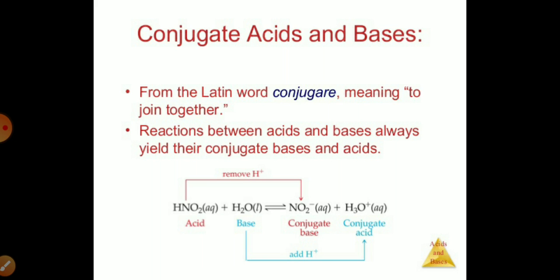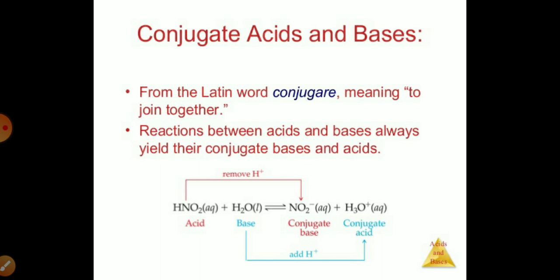So here you can see that HNO3 by removal of hydrogen will give NO2 negative, and H2O by addition of hydrogen will give H3O plus.